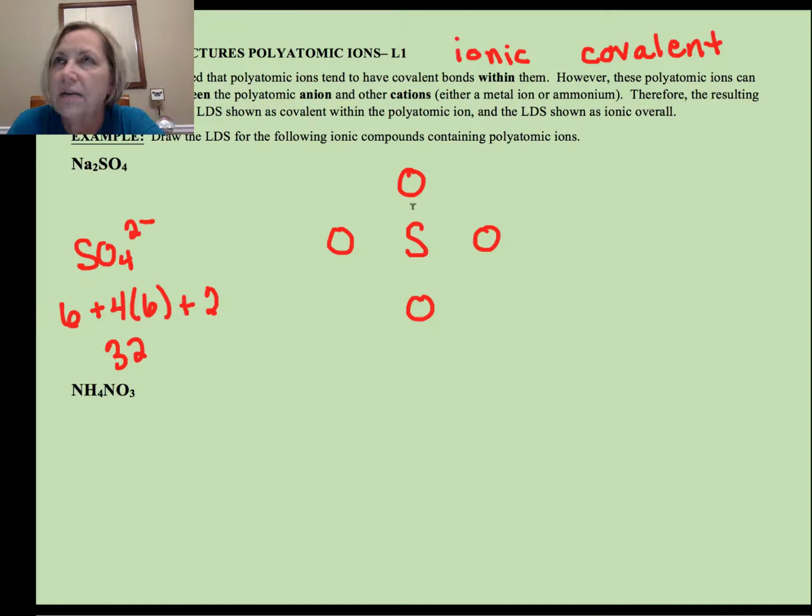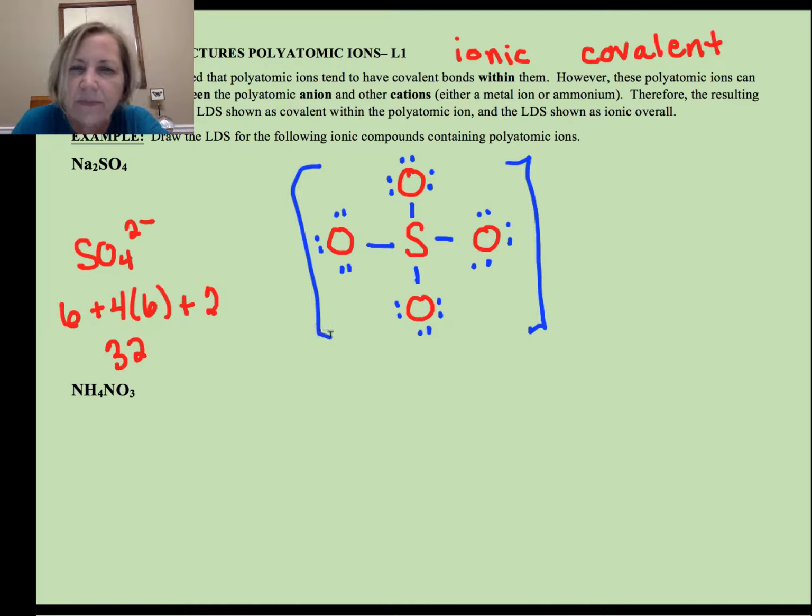Sulfate does an expanded octet that you would not necessarily predict. We're just going to stick with the basic predictions. So 2, 4, 6, 8, 10, 12, 14, 16, 18, 20, 22, 24, 26, 28, 30, 32. And it needs a bracket and a charge.